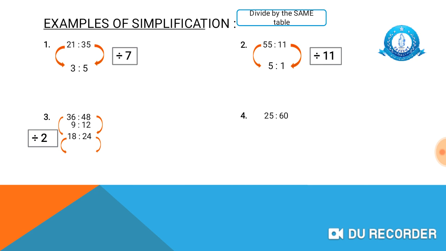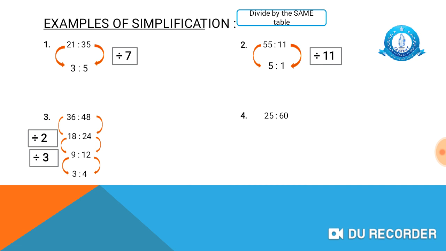My answer would be 9 ratio 12. Now over here, although both my numbers are not even, I know that 9 and 12 both come in 3 times table. So I'll divide it again by 3 times table, and my final answer would be 3 ratio 4. Remember, you have to keep simplifying till the time you get an answer that cannot be simplified any further.